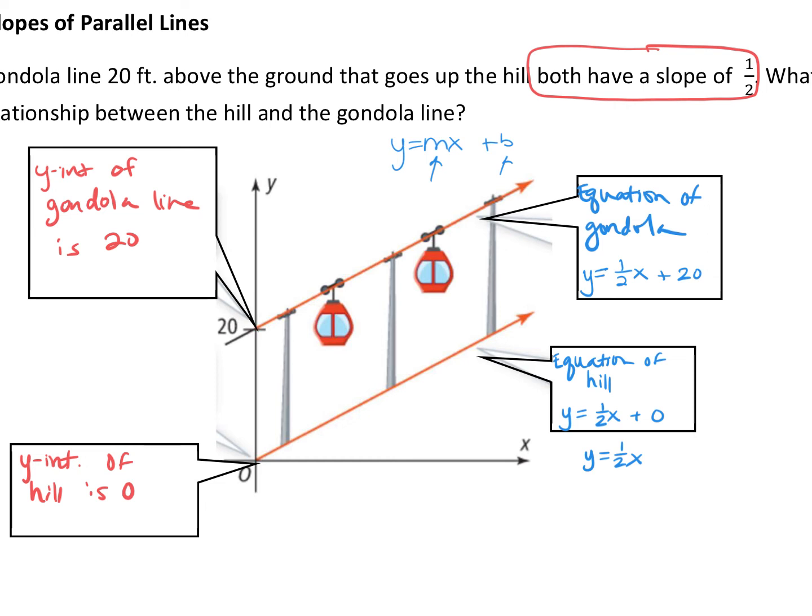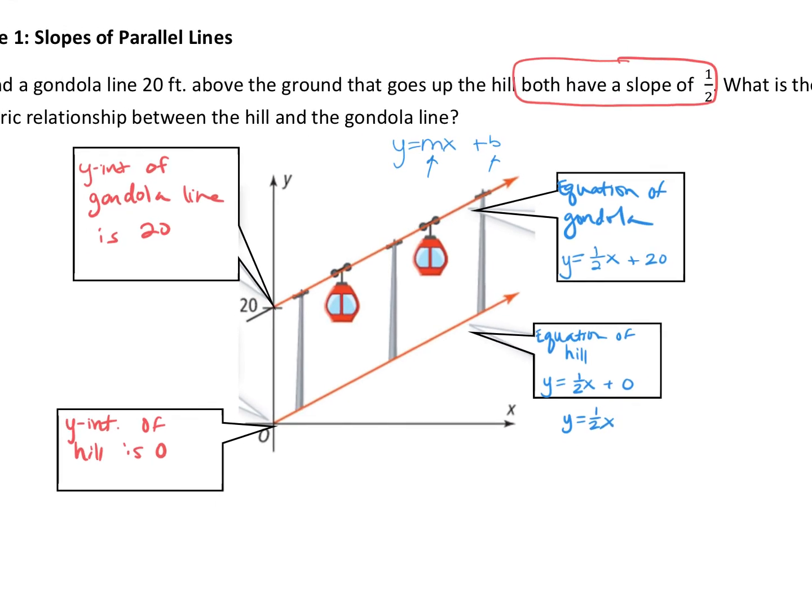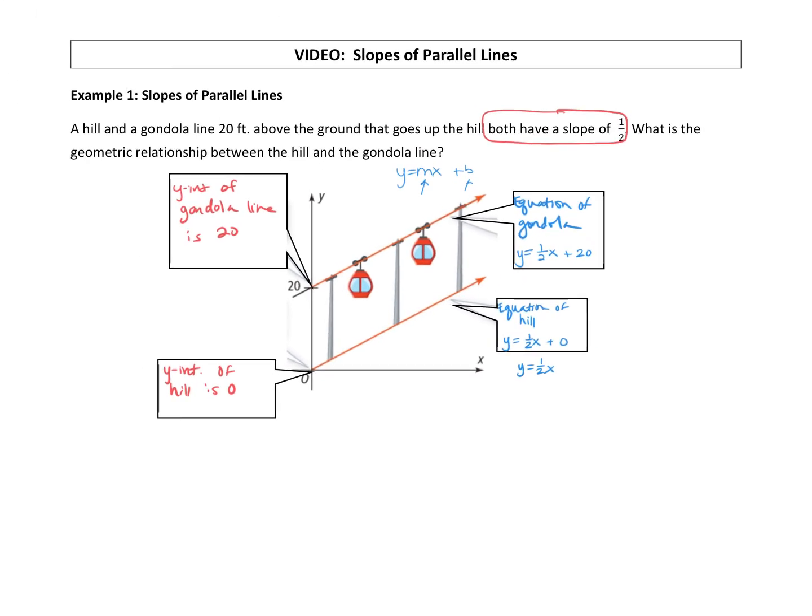So what we notice is in our two equations, when you have the same slope, and we can see we have different y-intercepts, you are going to have parallel lines. So we want to put that into our notes.